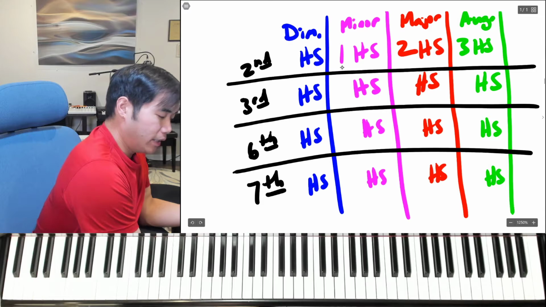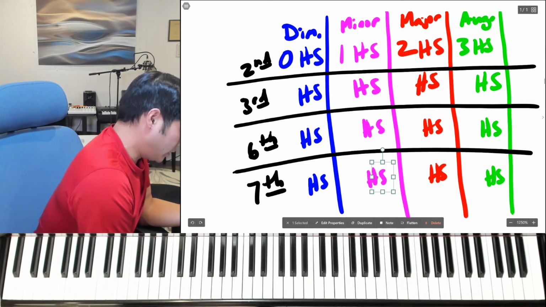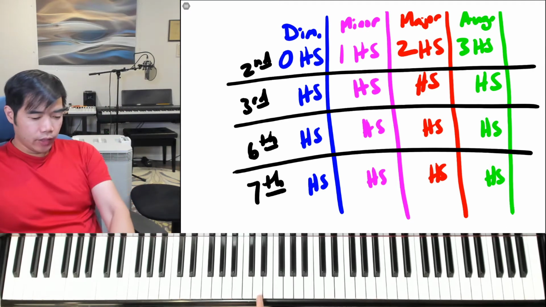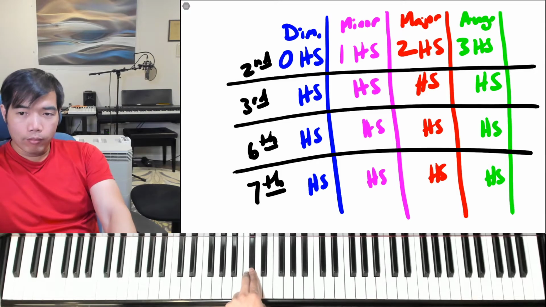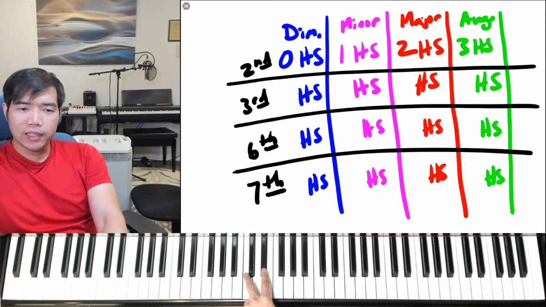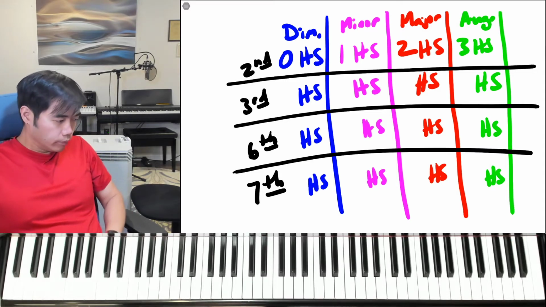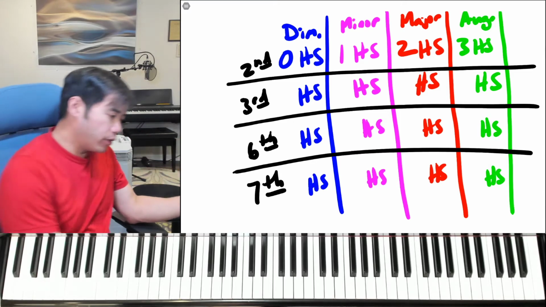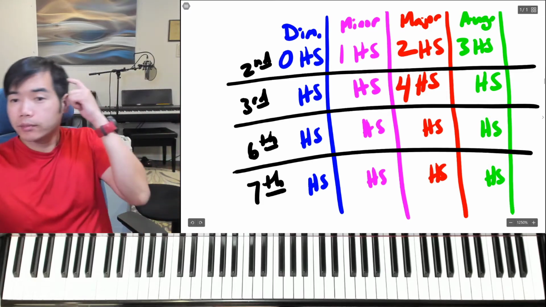Diminished second is 1 half step less than a minor second, so it's 0 half steps apart. Diminished second, minor second, major second, augmented second. Now a major third. A major third is always going to be 4 half steps.